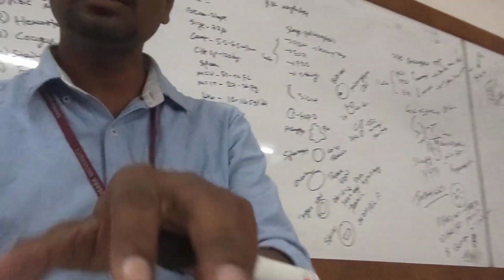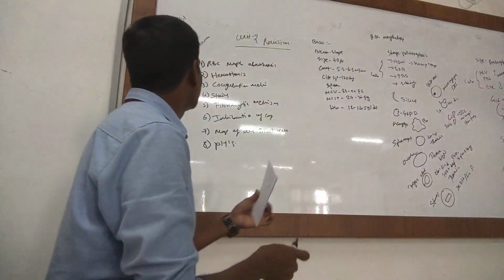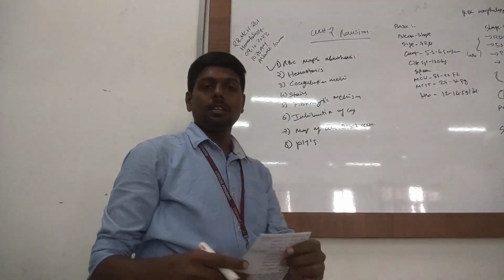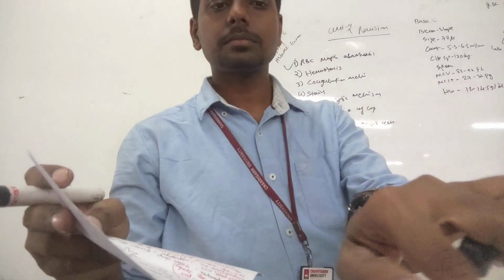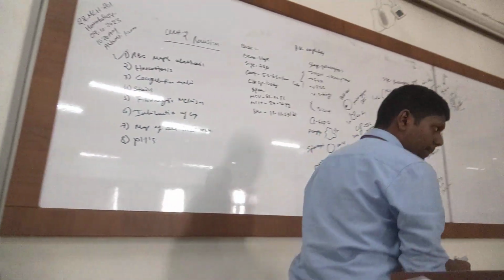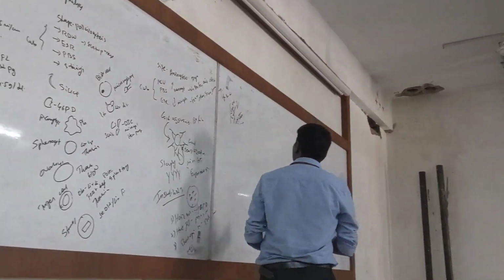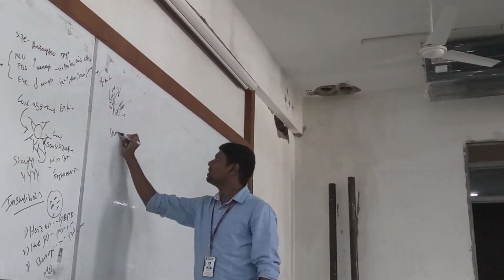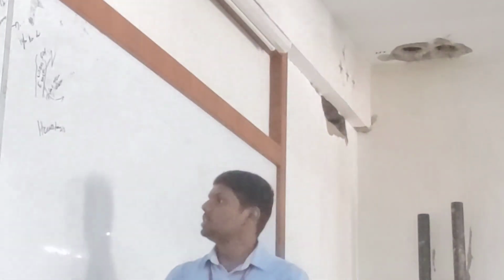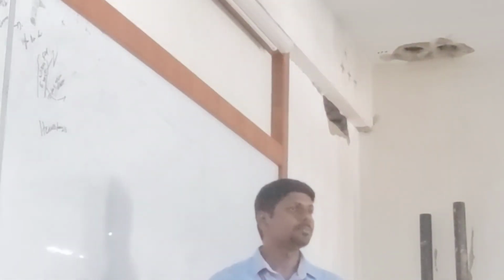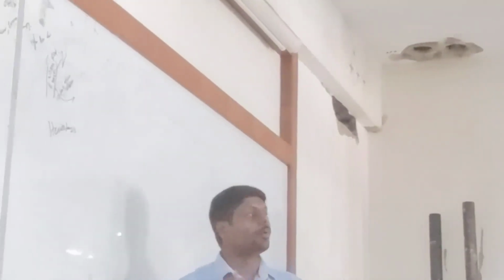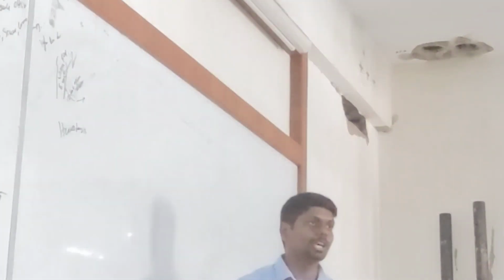Then the next topic. What topic can we discuss? Hemostasis. Yes. All right, coming to hemostasis. What does hemostasis mean? The mechanism of prevention of bleeding, and its removal, is called hemostasis.